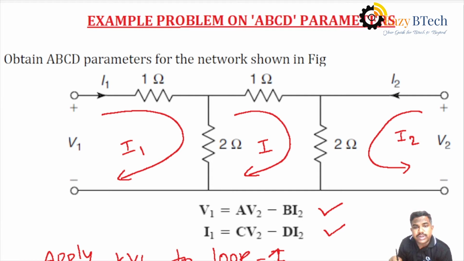The voltage drop with respect to I1 through 1 ohm is I1 into 1, and the drop across 2 ohms is 2 into (I1 minus I).